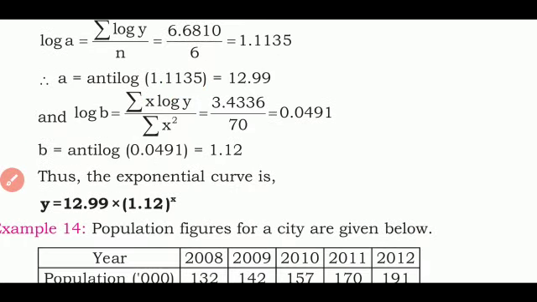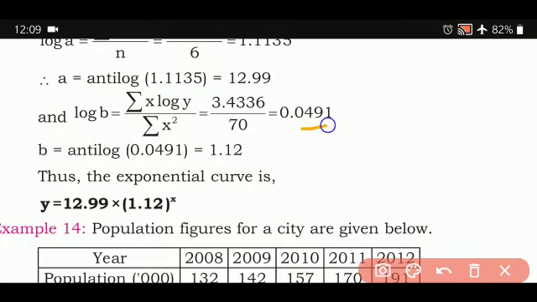You go to the anti-log page, see this Mantissa, 0.04, first 2 digits, then 9th column, first mean difference value, I think you will be getting it as 1.12, and here characteristic is 0, so you will be putting the decimal point after 1 digit, that is here. Thus the exponential curve is y is equal to 12.99 into 1.12 to the power of x.